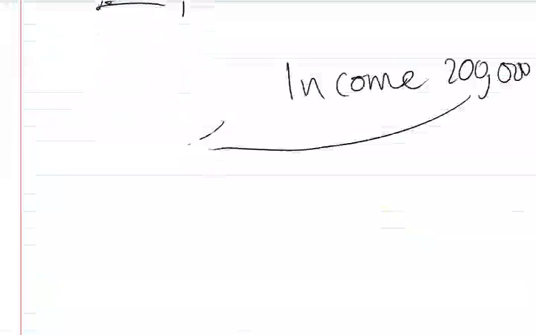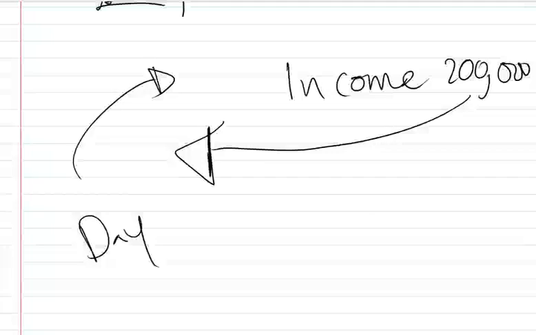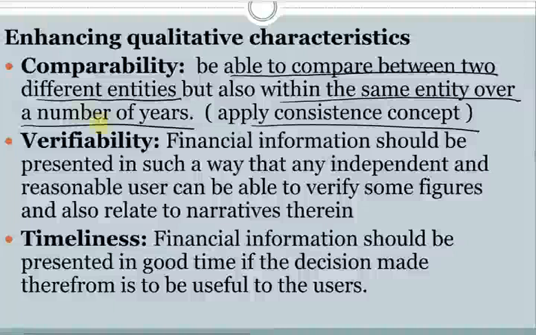We should be able to verify. We can go in the day books and see that figure. We can go to source documents and see that figure, right? Because it is verifiable. So you want your financial statement to be capable of being verified by an independent person who is not connected to the company.